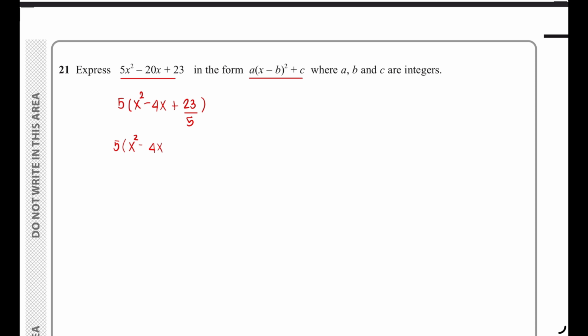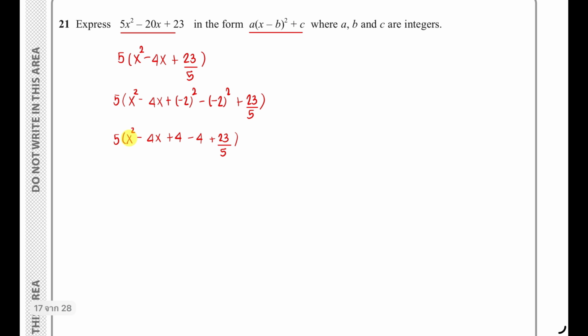If I divide negative 4 by 2, I will get negative 2. So I will add negative 2 squared, then subtract negative 2 squared, and plus 23 over 5. So I will have 5 times x squared minus 4x plus 4 minus 4 plus 23 over 5.